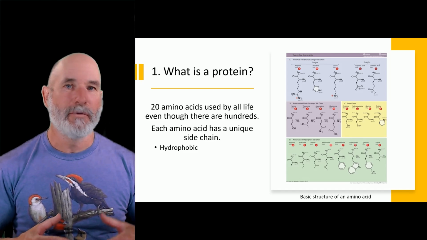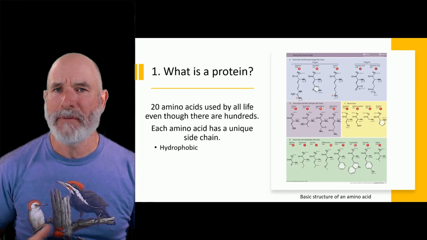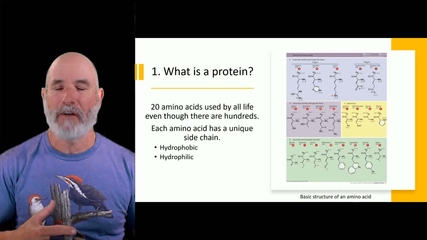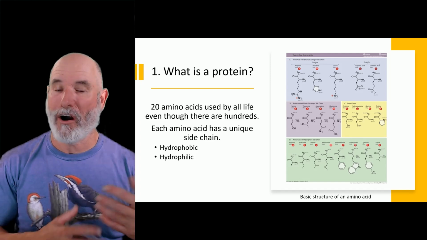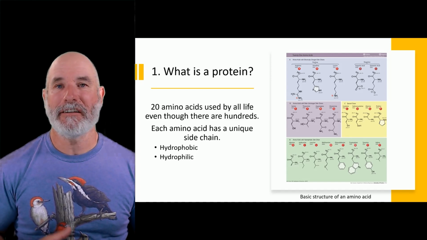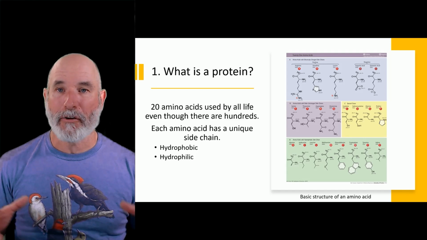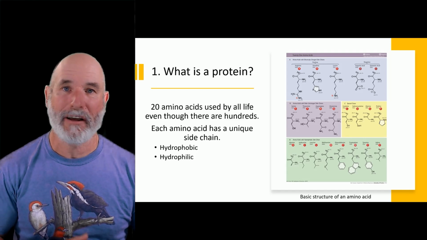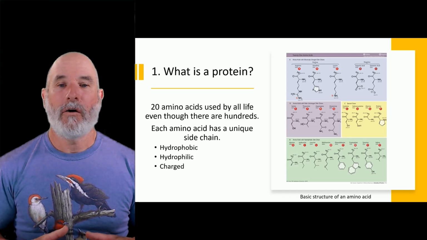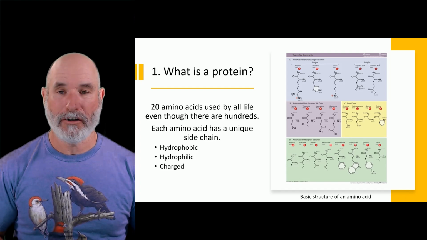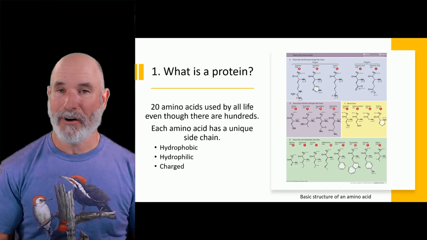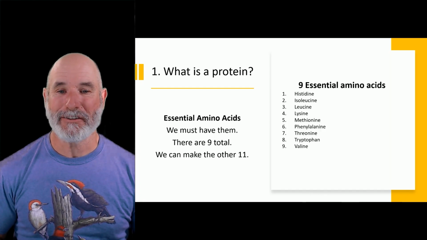And these side chains, we can broadly classify them as being hydrophobic. They won't dissolve in water, or they are hydrophilic, which means that they will interact with water and other things that are hydrophilic as well by forming hydrogen bonds, or things that are actually charged. And those can actually form a stronger bond, making those proteins even stronger.